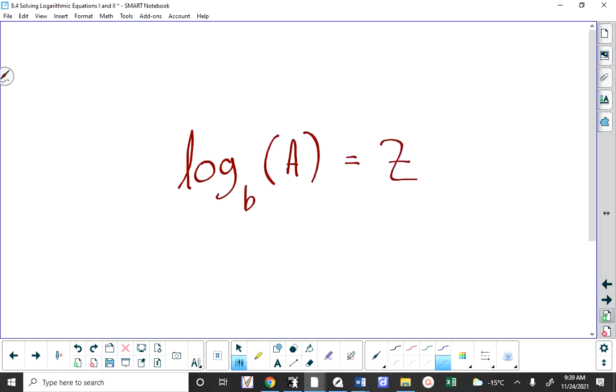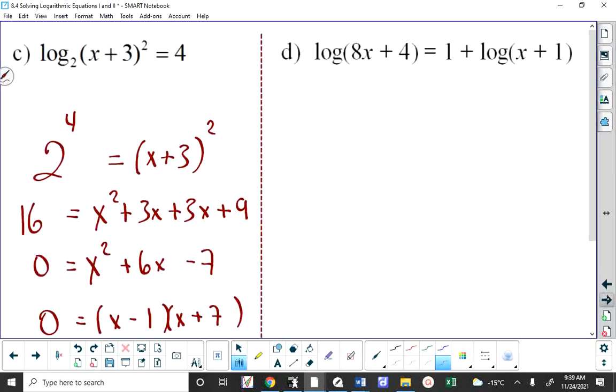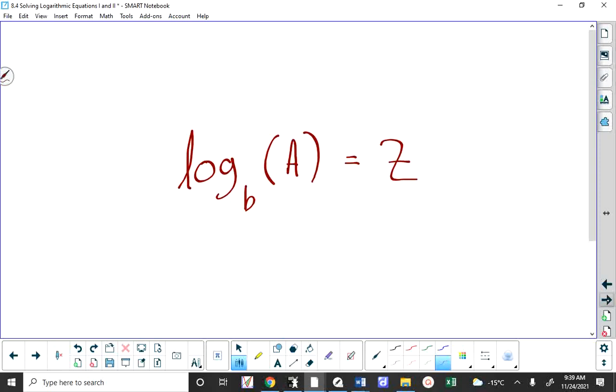If you have part of the equation that's not a logarithm, then your goal is to rewrite it as a single logarithm equals everything else. If you have everything being logarithms, then your goal is to get a logarithm equal to a logarithm so you can drop the logs. When we get it to this stage, you're going to then rewrite it in exponential form.